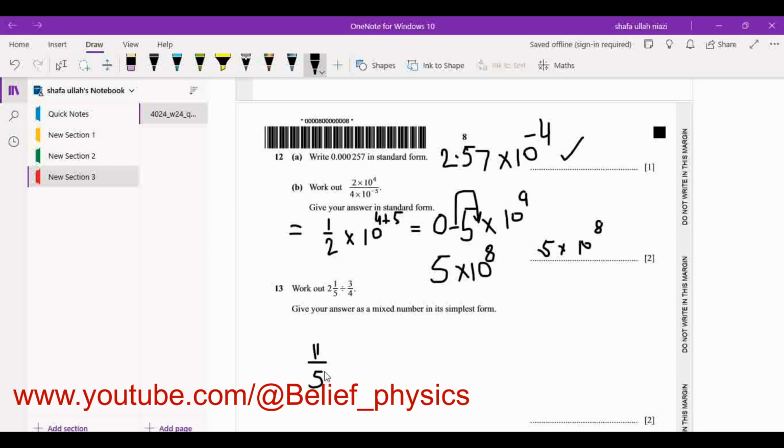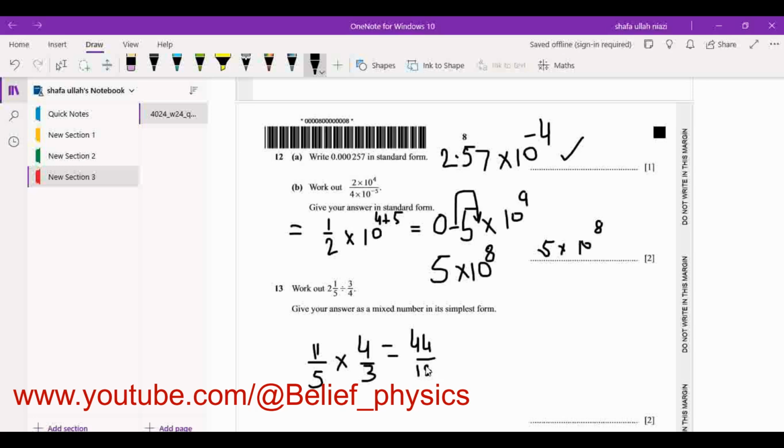The division sign is converted to multiplication and the second fraction is flipped, so it becomes 4 over 3. When you multiply them, 4 times 11 is 44, and 3 times 5 is 15.